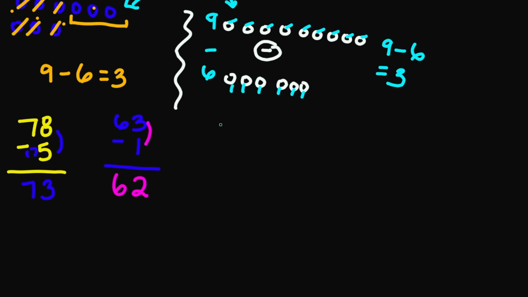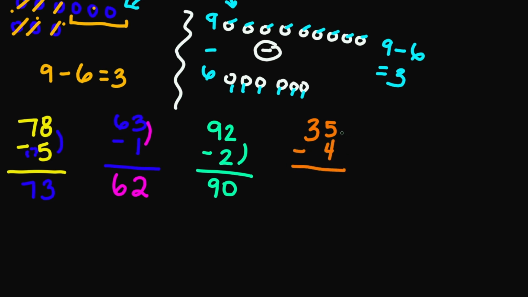Right? What about 92 minus 2? We're going to do this. 2 minus 2 is 0. 9 minus 0 is 9. So 92 minus 2 is 90. All right? And then let's try 35 minus 4.